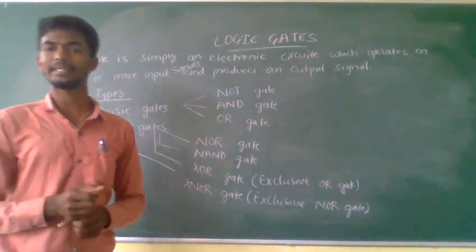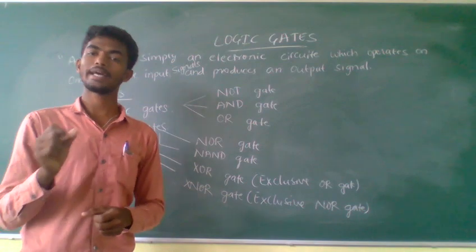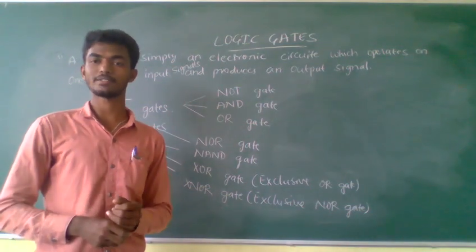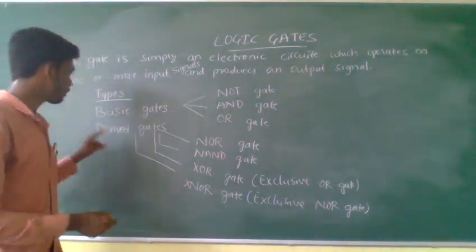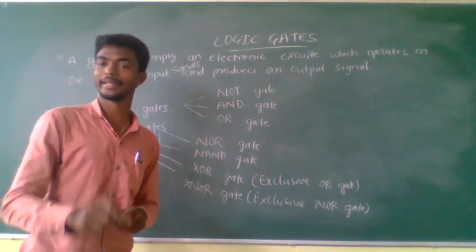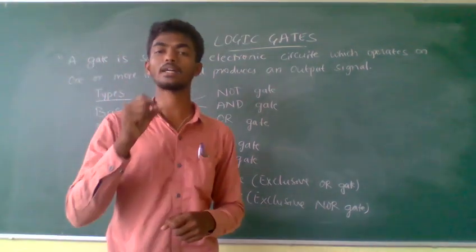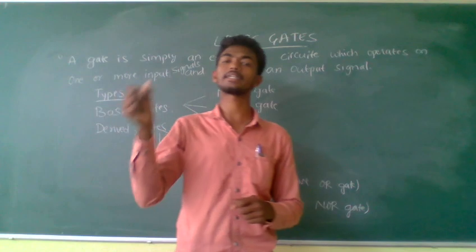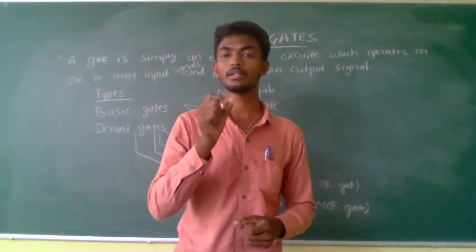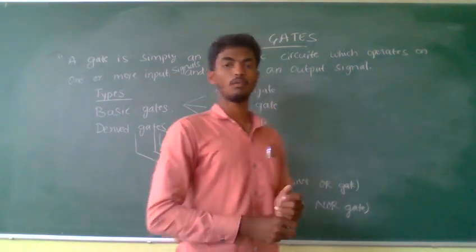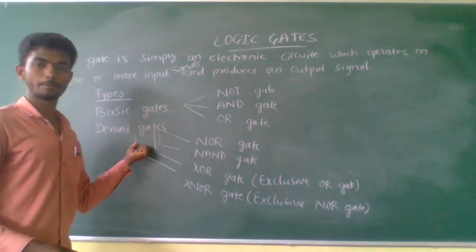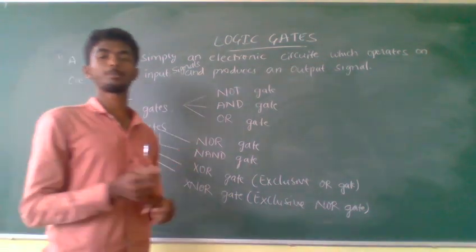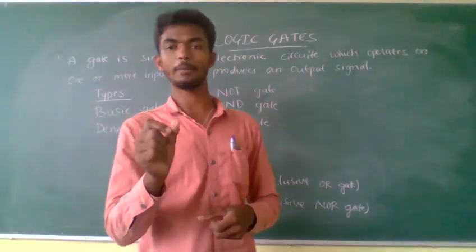Basic gates are prepared directly by the electronic components. Just remember once again, basic gates are the gates which are created or manufactured directly from electronic materials, whereas the derived gates are not directly prepared from electronic materials.